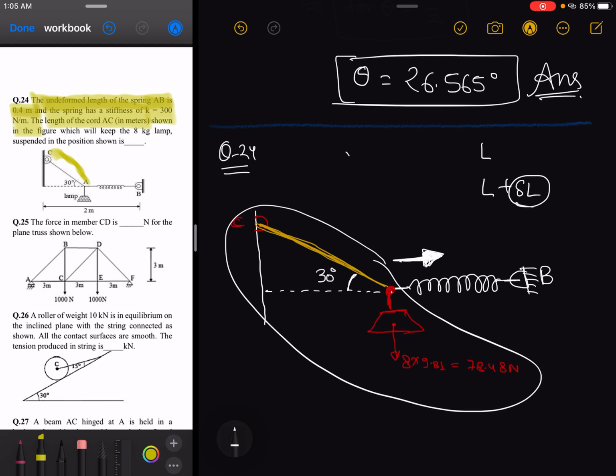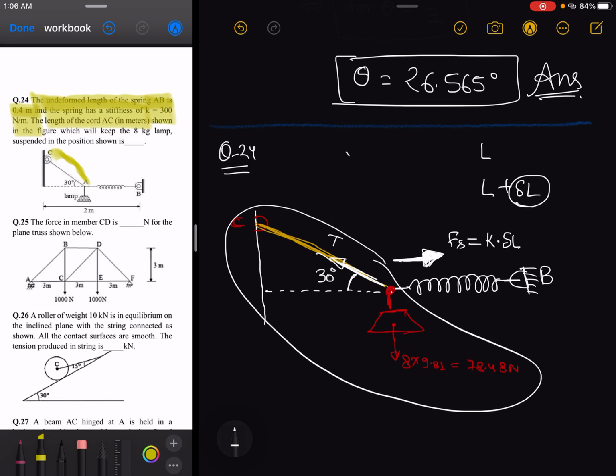Clear? So the corresponding spring force Fs is equal to the spring constant K into the elongation in the spring, that is delta L. And in this direction, since this is a string, the string will apply a tension like this.